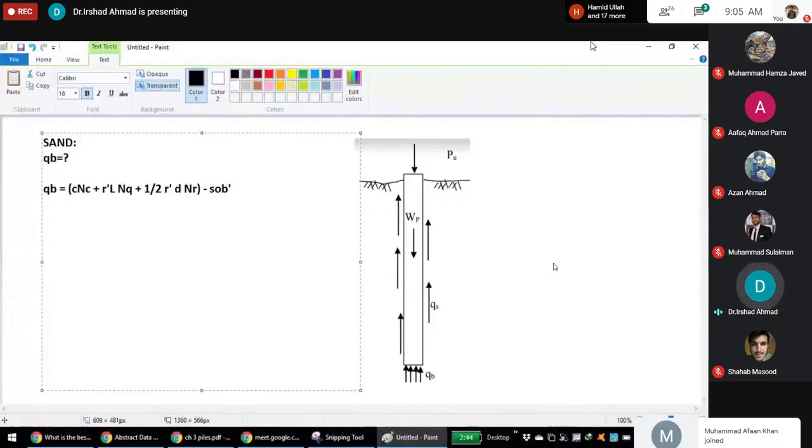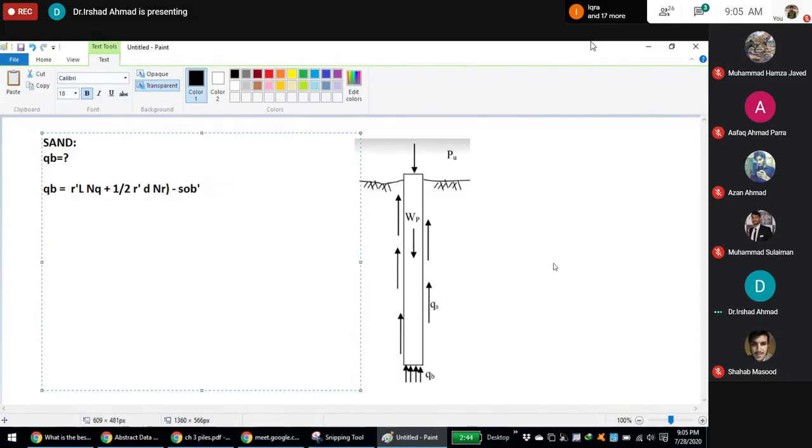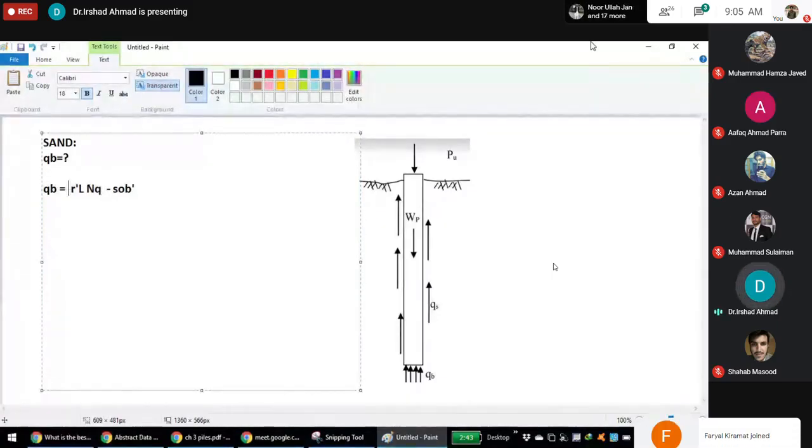In this equation, you see C NC, the cohesion is zero, so this part becomes zero. The diameter of the pile is small, which makes this term as a whole very small, right? So this is also zero. You are left with only these two terms. And gamma prime into L is equal to sigma naught B prime.